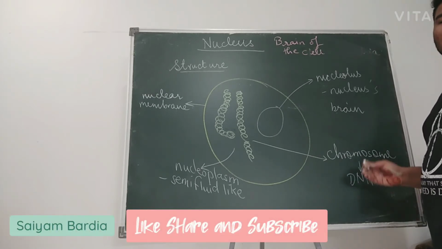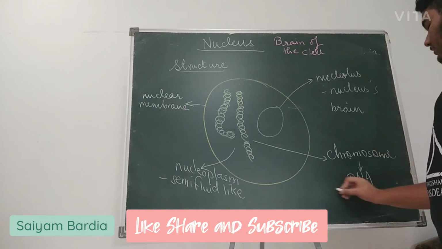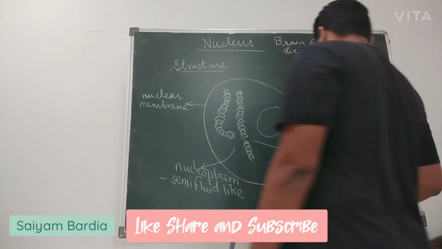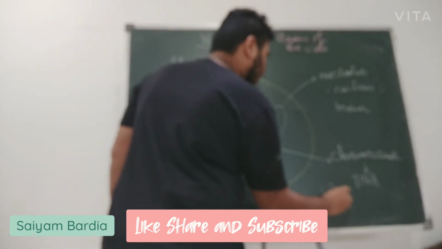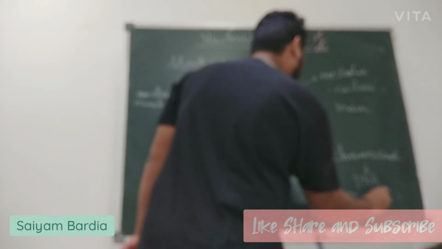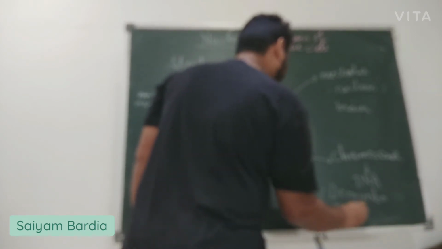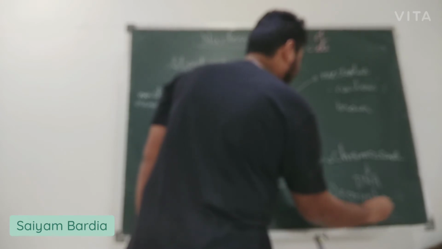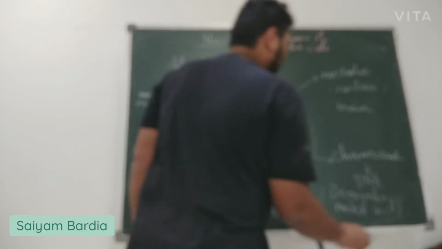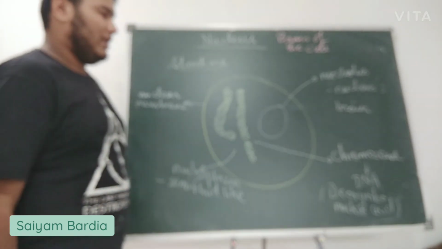DNA is the hereditary unit. The full form of DNA, I'll write, is deoxyribonucleic acid.